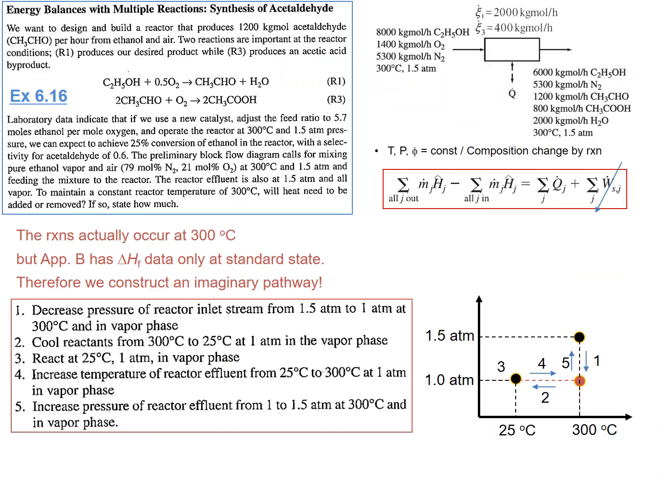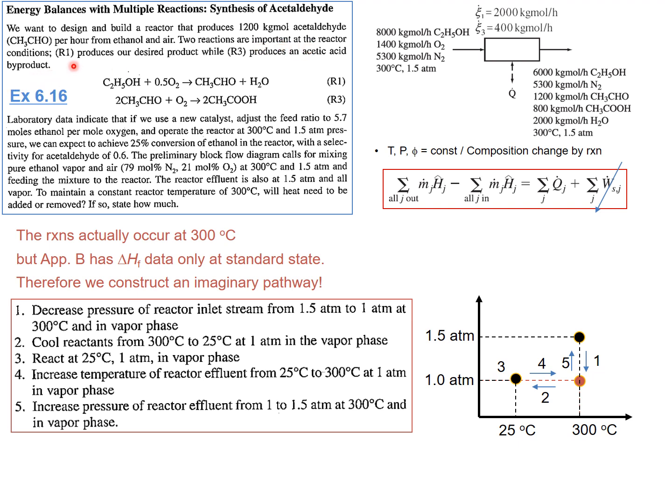Here's example 6.16, which is the last example of this chapter. Synthesis of acetaldehyde. We want to design and build a reactor that produces 1200 kg-mol acetaldehyde, CH3CHO, per hour from ethanol and air. Two reactions are important at the reactor conditions.